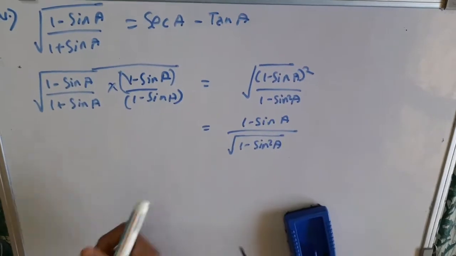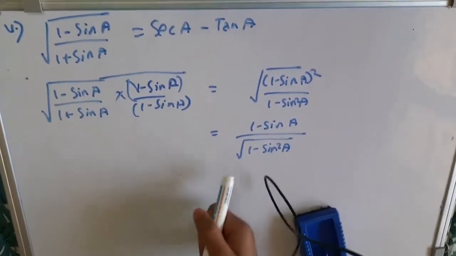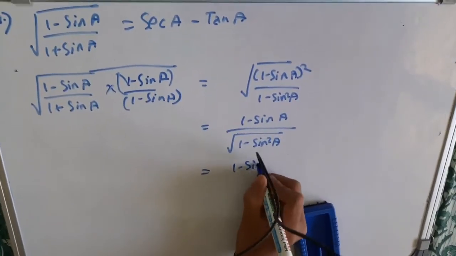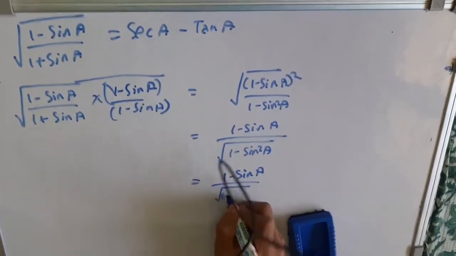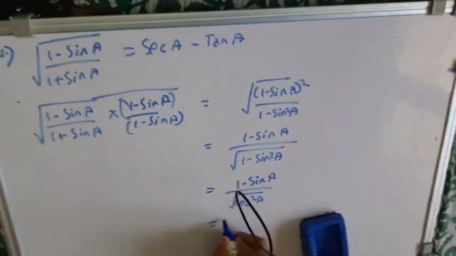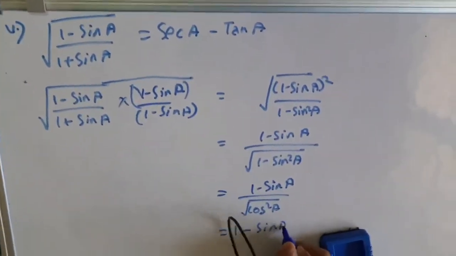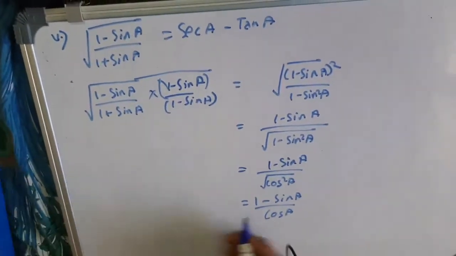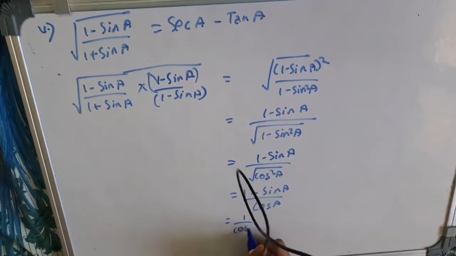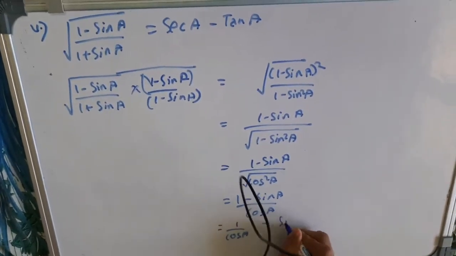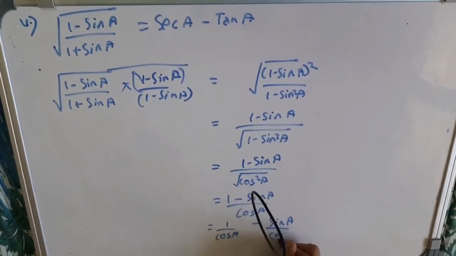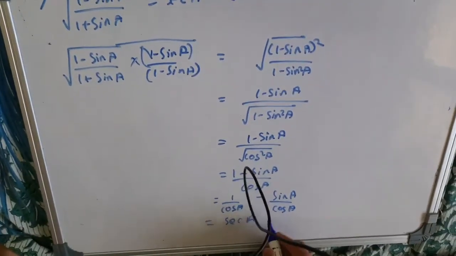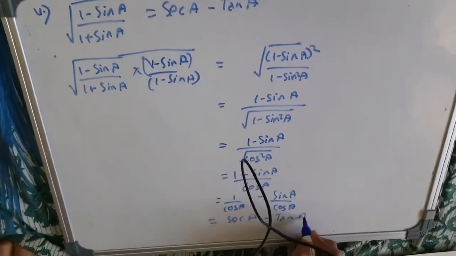But from our identity sin square a plus cos square a equals 1, we know that 1 minus sin square a is nothing but cos square a. So 1 minus sin a upon under root of cos square a equals 1 minus sin a upon cos a. So it can be written as 1 upon cos a minus sin a upon cos a. We know that 1 upon cos a is nothing but sec a, and sin a upon cos a is tan a, and here we are done.